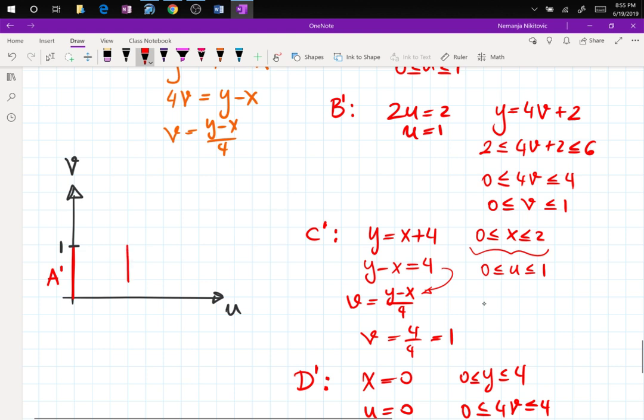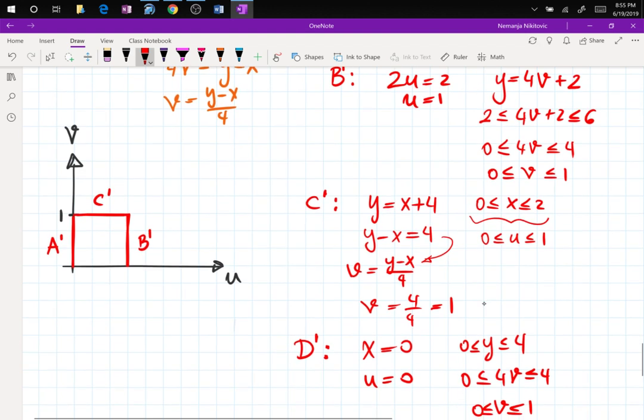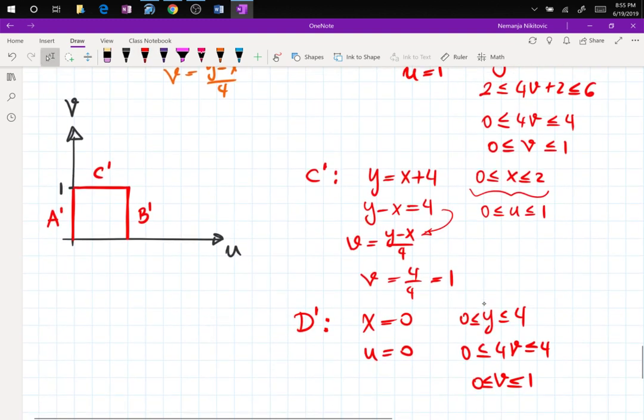So you get this one. V equals 1, u equals 0 to 1. That's this one for C prime. And finally for D, u equals 0 and v 0 to 1.